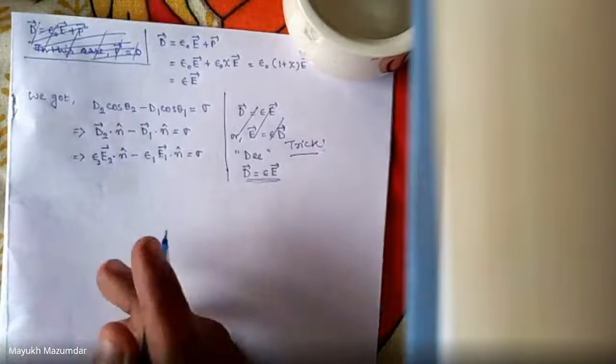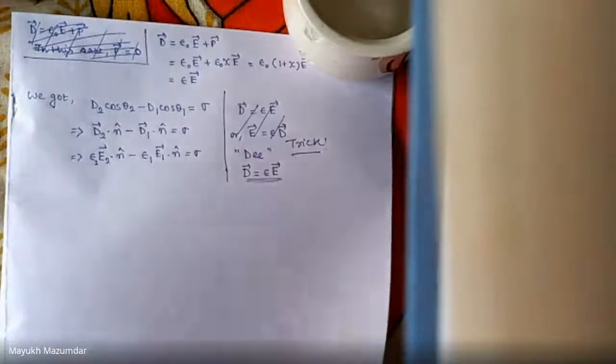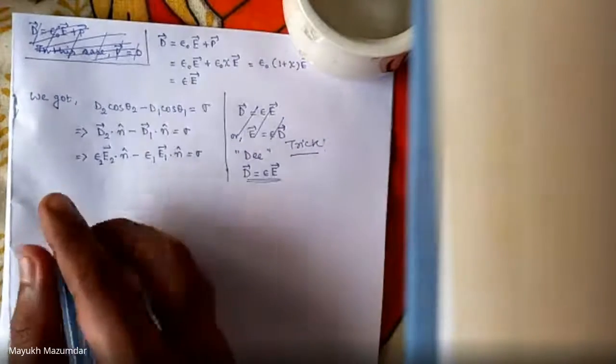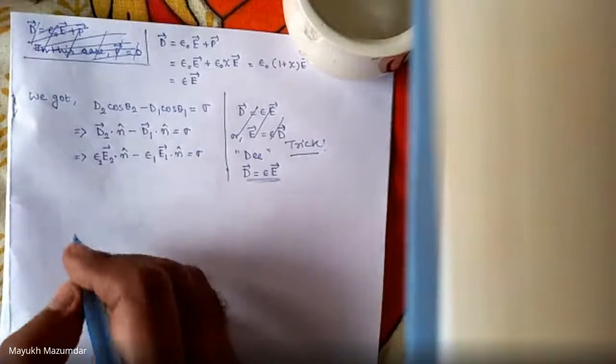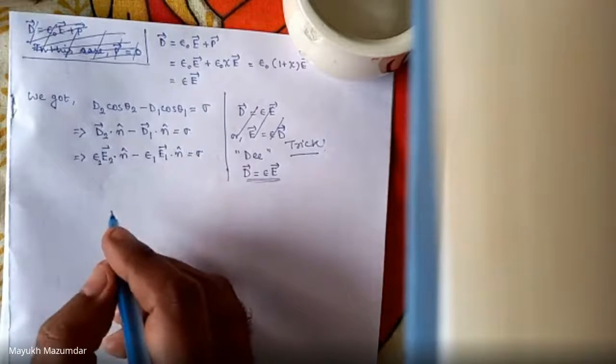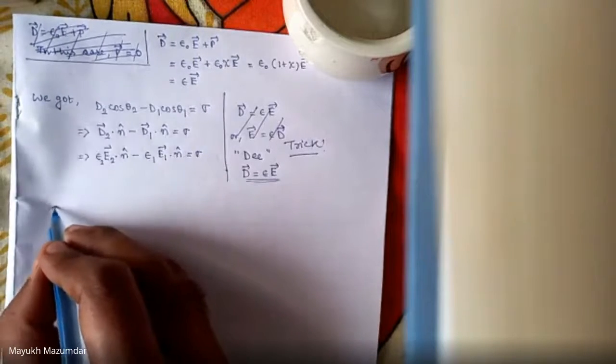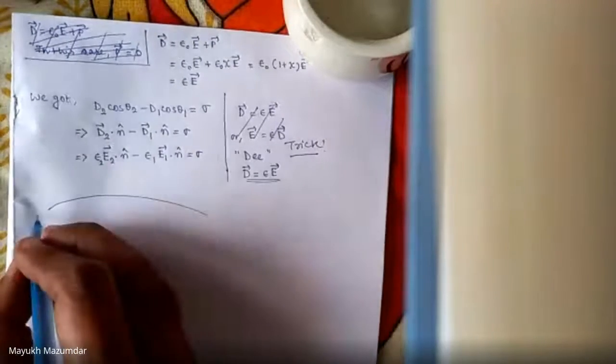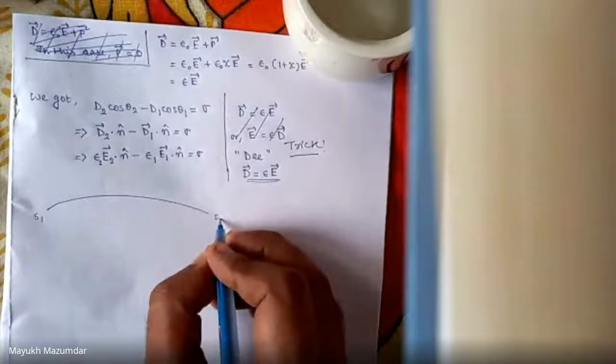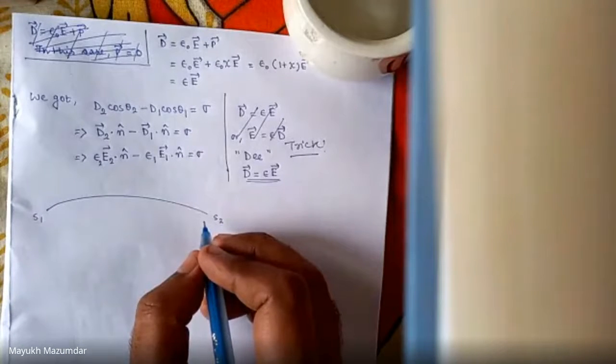Now what about the tangential component? That is, we got the component which was normal to the surface. What about the component which is parallel to the surface? Again, let me draw the surface, these two media.